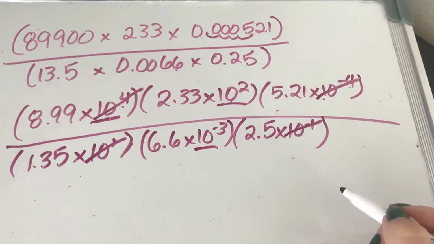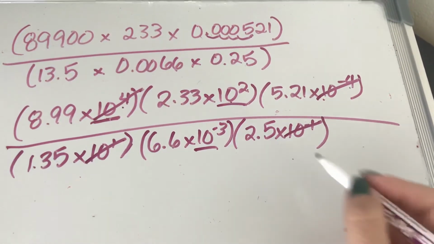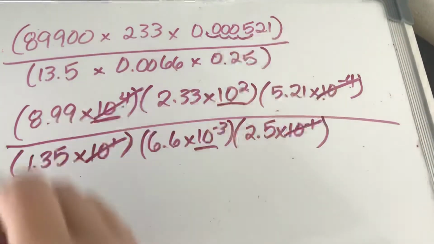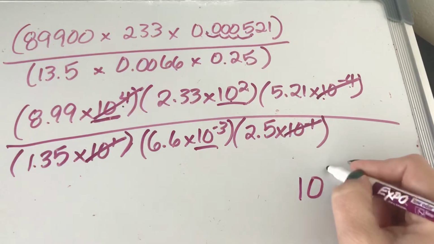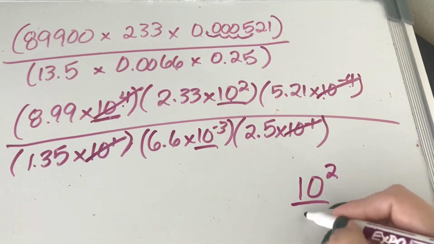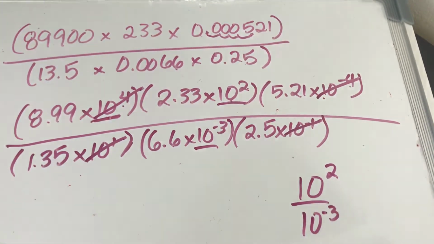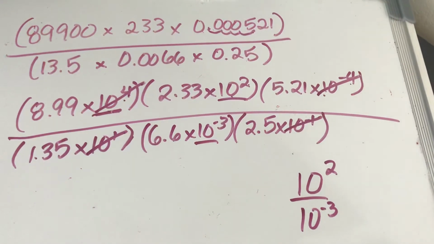So what I want to do here real quick is rewrite this down below, and I'm going to take the powers of 10 and put them out separately because I can treat them by themselves, right?